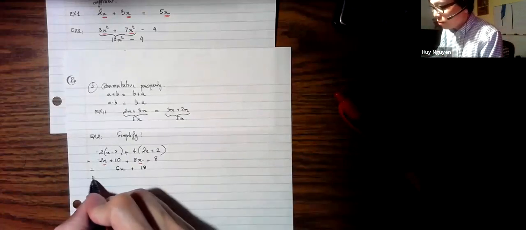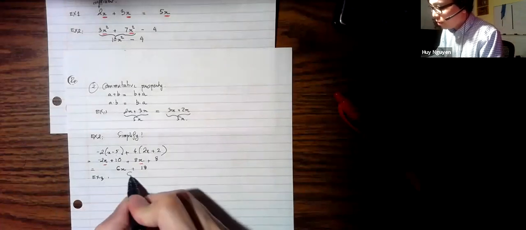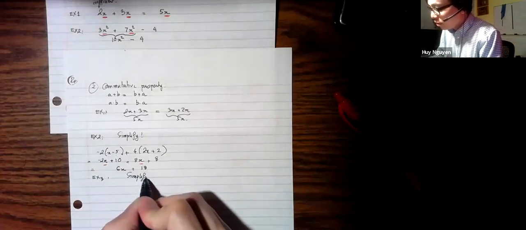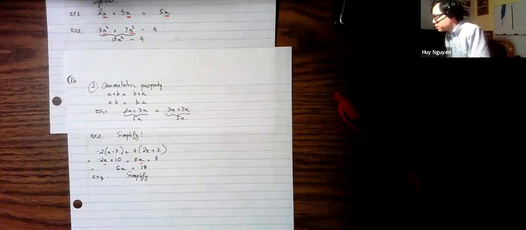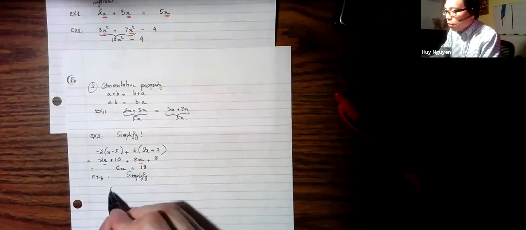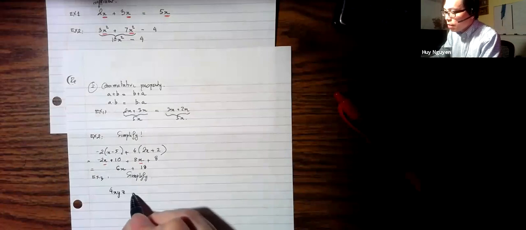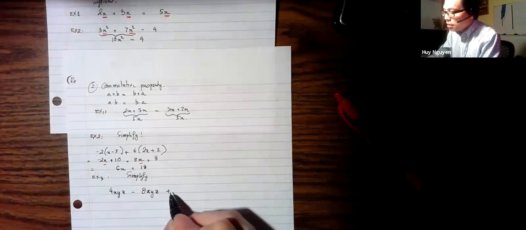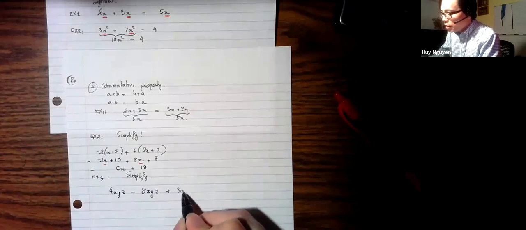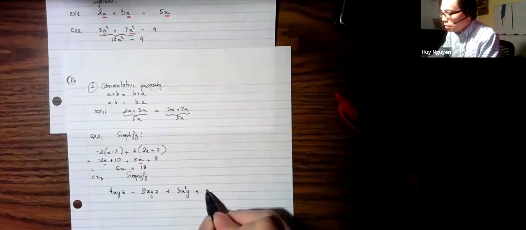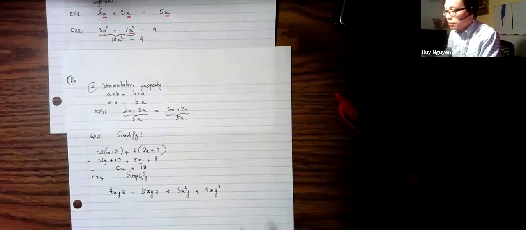For example, to simplify, I have 4xyz minus 8xyz plus 3x squared y plus 4xy squared.